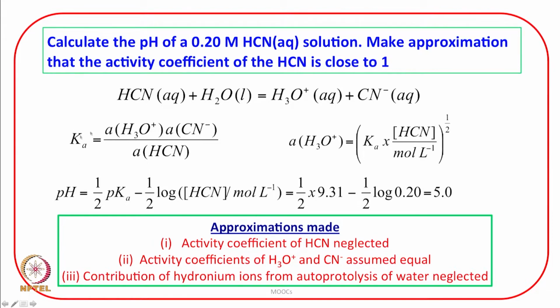to be expressed as a very accurate value of the pH. So, it is important to recognize that in doing these types of calculations, we have made some assumptions, especially when we equate activities with the concentration, like aHCN is taken as the concentration, and that we did because the statement asked us to use that approximation, that the activity coefficient of HCN is close to 1.